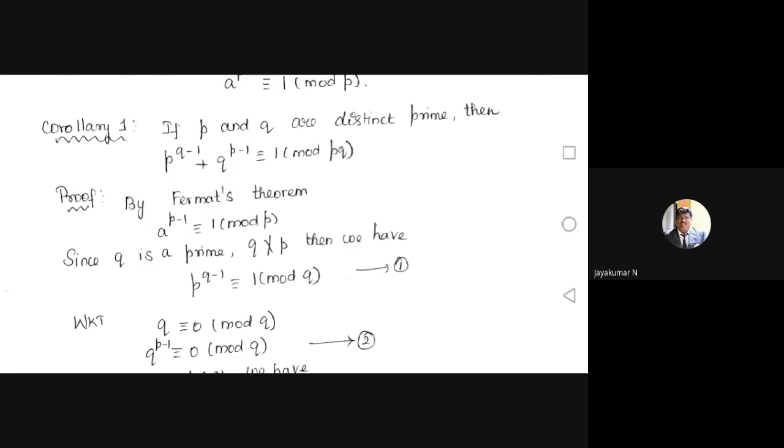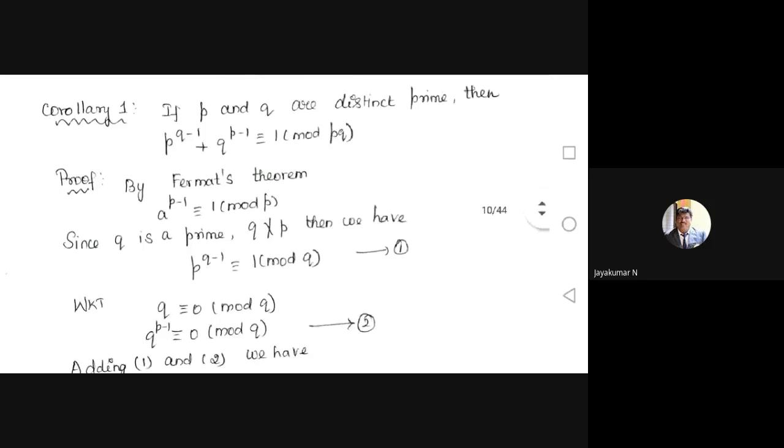Now, first initially I am taking q as a prime. Since q is a prime, q does not divide p.